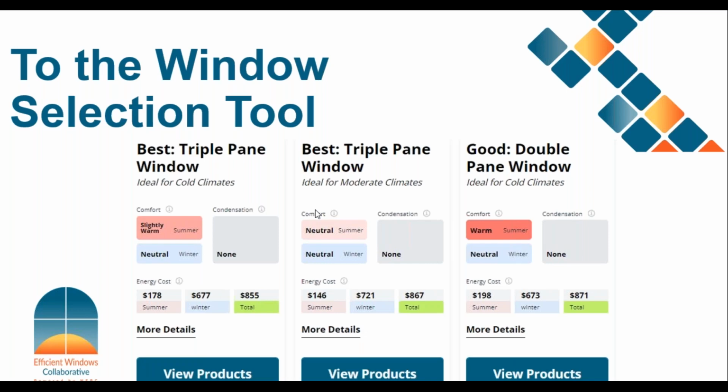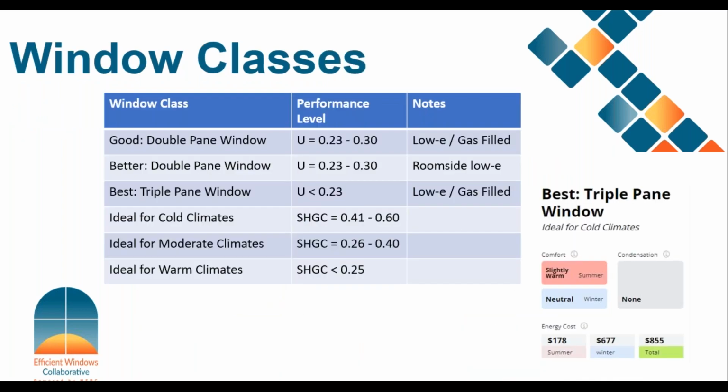You had to do separate searches for windows or skylights. We've combined that all into one, so you will see the windows and the skylights returned, and it says up to 9 because some of the products are not classified in all areas. So if there's no data for us on the energy costs, then those won't show up.